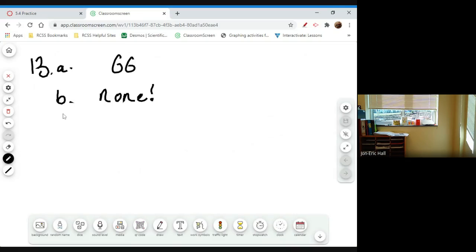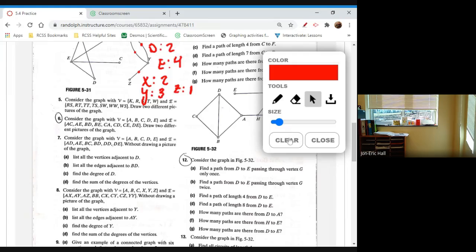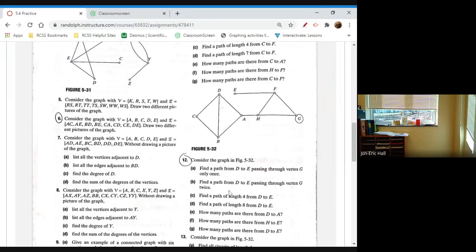I will let you do the length 3 and length 4. Again, start and end at the same place. Consider the graph figure 5.33, which is on the next page. With the circuits of 3, do you want us to list, like, DCB?